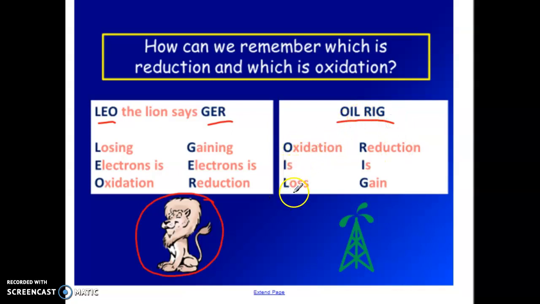Oxidation is the loss of electrons. Reduction is the gain of electrons. So I really don't mind whichever one you want to use. But you have to remember what is happening. When we say oxidation is happening, what is happening to the electron process, right? Is it losing or is it gaining? You should be able to know. You should be able to look at a reaction and identify what is oxidizing, what is reducing.